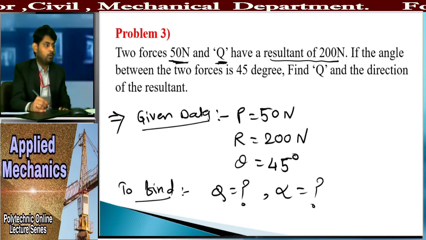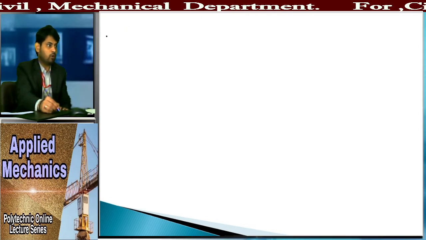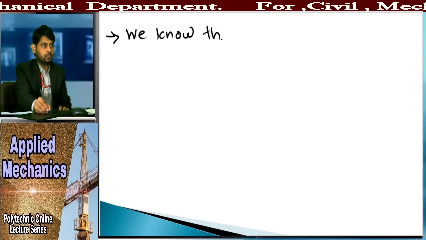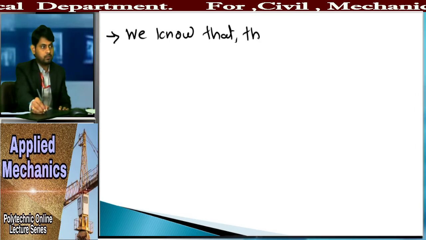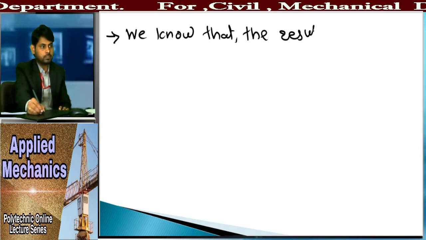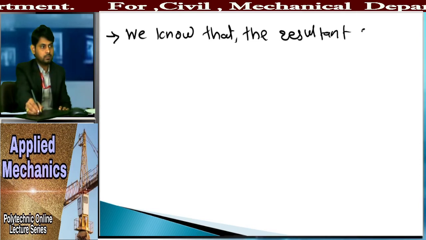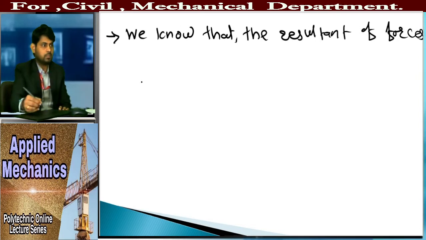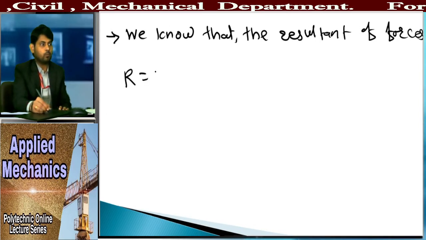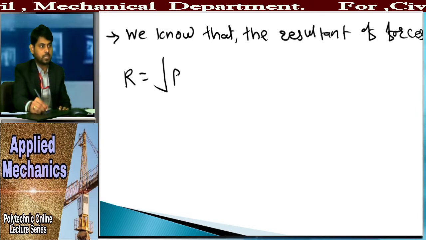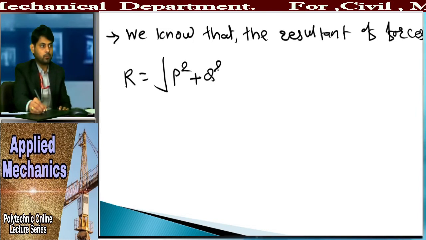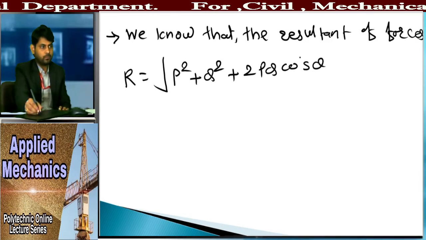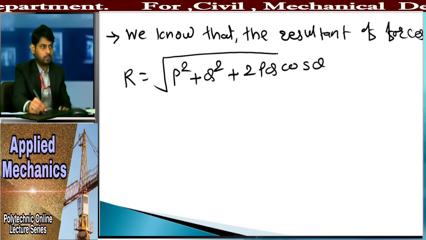Now you have to apply the formula for finding all these terms. We know the formula for finding the resultant of forces, that is nothing but P square plus Q square plus 2PQ cos of theta, right?